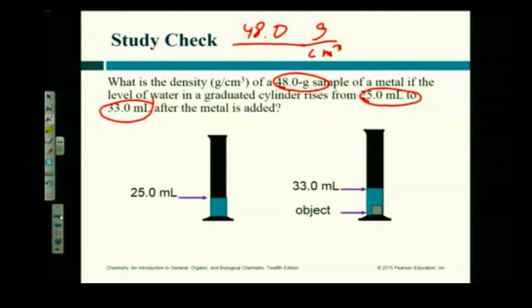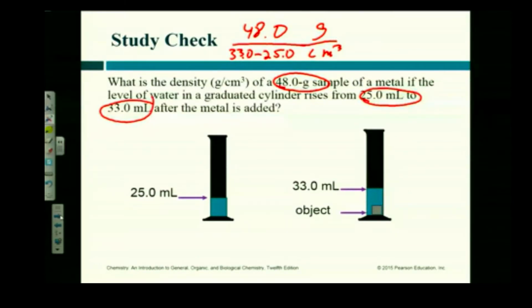Well, I have milliliters, right? Because remember, milliliters and cubic centimeters are the same thing. I can just change those units out. Is it wrong to say that again? No, it's the same thing.